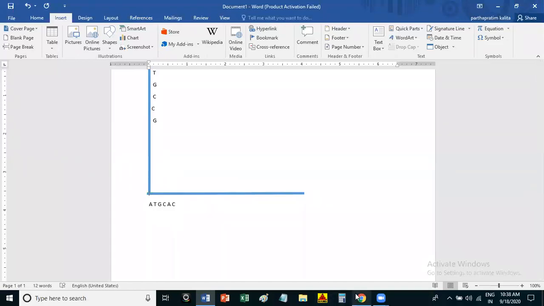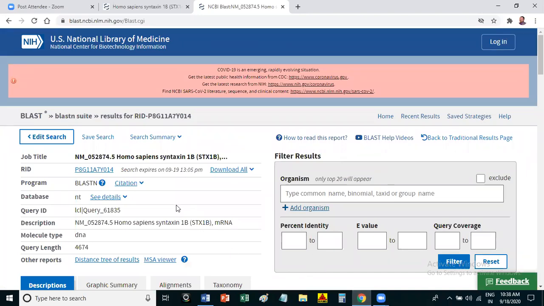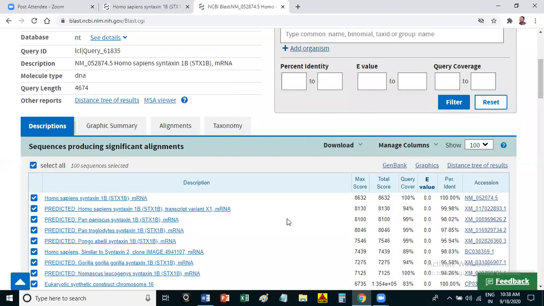Okay, so we got this result. We got different types of results.